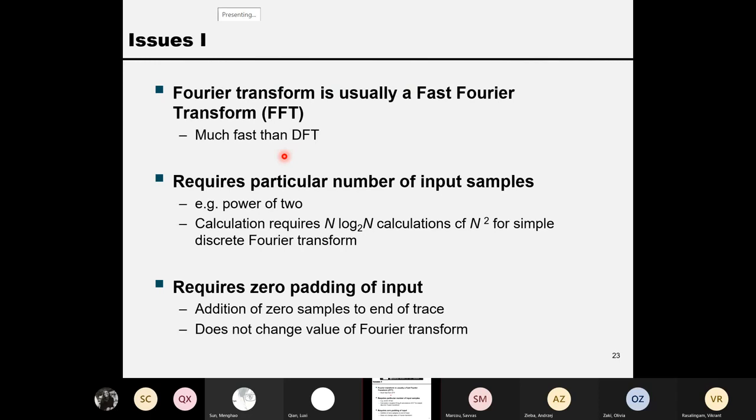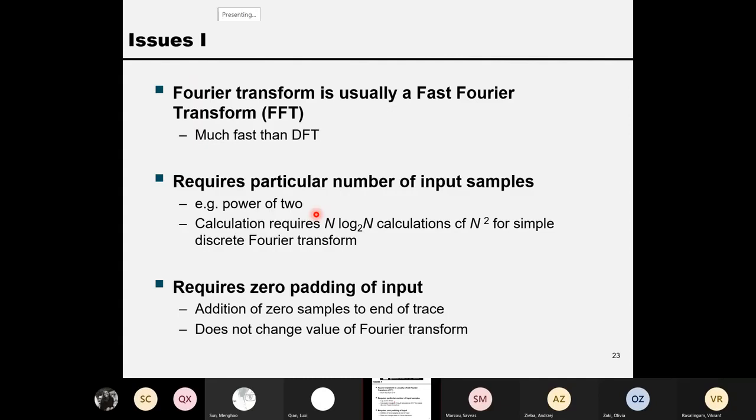Why can we do that? Because in the Fourier transform, the Fourier kernel is sine and cosine functions, so they're periodic by the 2 pi circle, right? So one of the issues for the FFT is that you need the length of the time series to be a power of 2.